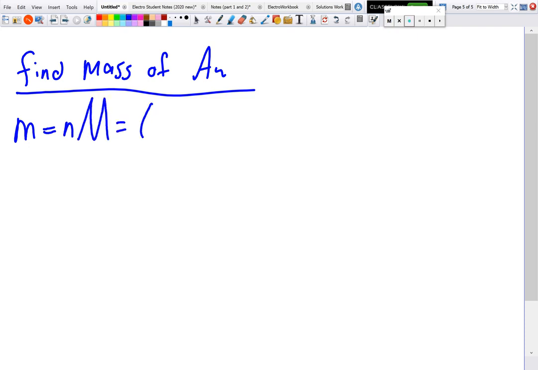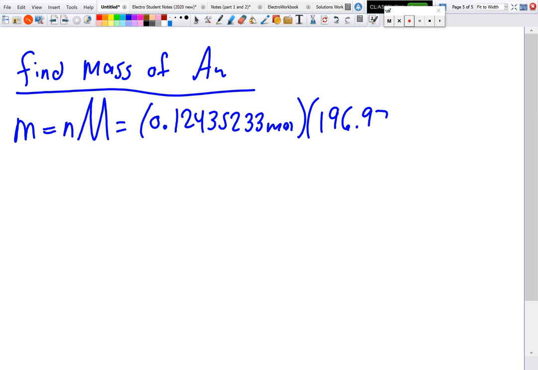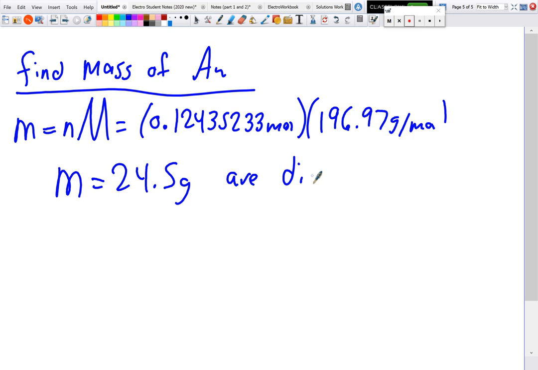So we take the number of moles we just found, and our molar mass for gold, straight from our periodic table, is 196.97 grams per mole. And we are left with a mass of gold equal to 24.5 grams deposited at the cathode.